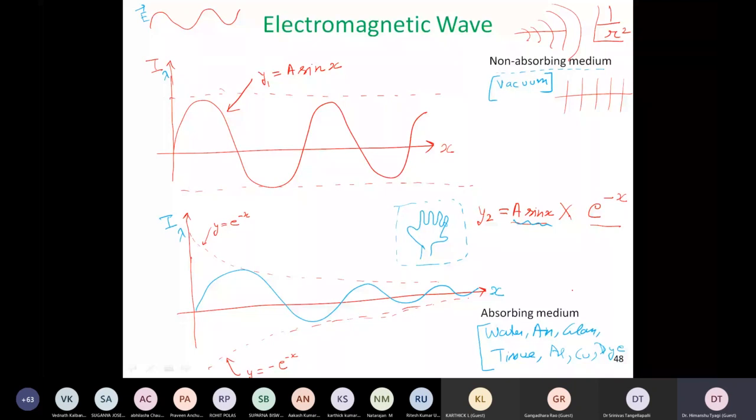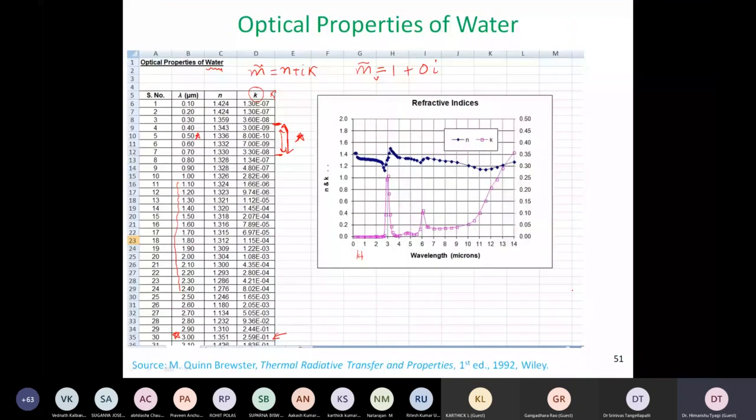And then I discussed the actual optical properties for water, and how very interesting in nature that the wavelength in which the solar irradiation is maximum, because the sun is kind of a black body which emits at this particular wavelength. So this particular temperature is the effective black body temperature.